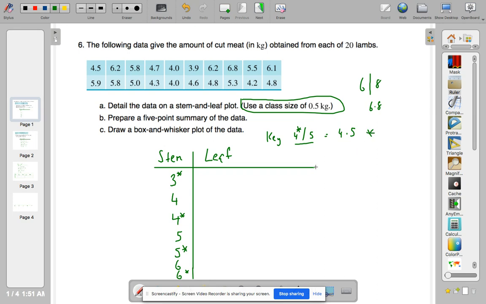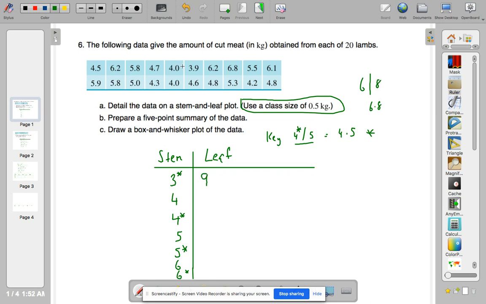So we always should put a key for our stem and leaf plots. All right, so let's get started. We're going to go through now and put all the leaves in. I've already seen that the data ranges from the upper 3s, the group 3.5 to 3.9, through to the upper 6s. I've only got one registration in the upper 3s, and that's 3.9, so 3 on the left and 9 on the right.